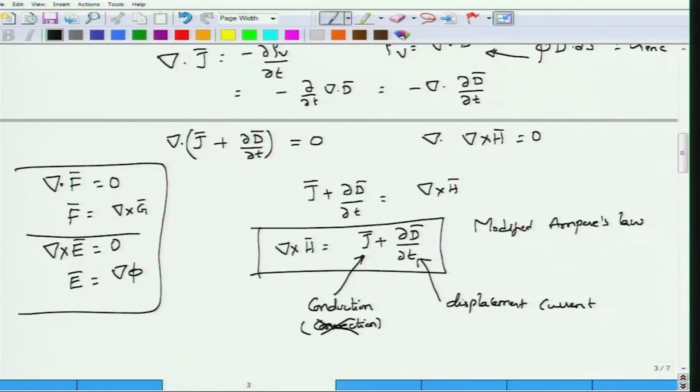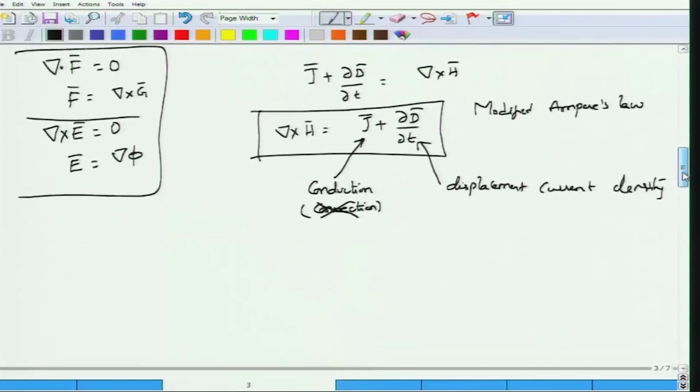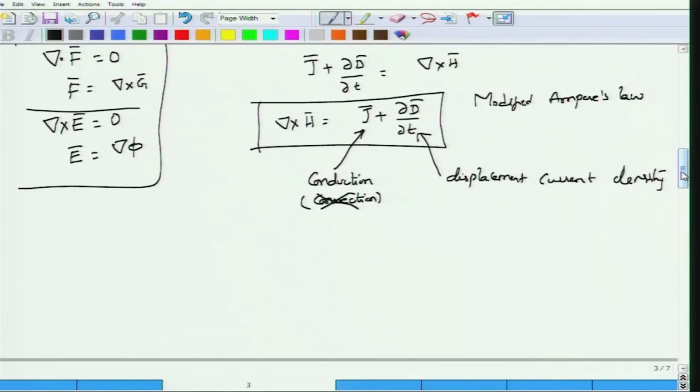One current is because physically charges are moving, and this movement of the charges inside a conductor constitutes a conduction current. Now there is another term which is actually the variation of the electric flux density, and that also performs the same role as that of the conduction current, and therefore this is called displacement current. Well, this is density again, because to actually get the displacement current you need to integrate over a closed surface, right.